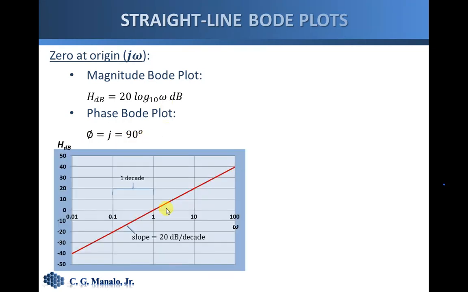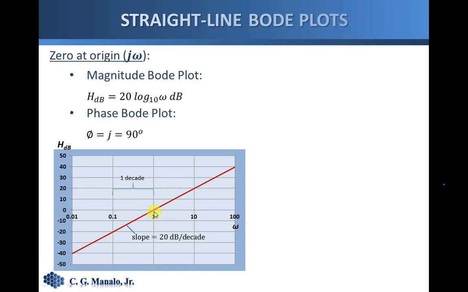So at omega equals 1, you will get H in dB equal to 0, because log of 1 is 0. So 0 times 20 would be 0. And if omega is 10, you will get log of 10, which is 1, times 20, you will get 20. So you will get a 20 here. So it will actually make a straight line with positive slope passing through omega equals 1 radian per second with a value of H dB equal to 0, with a slope of what we call 20 dB per decade.